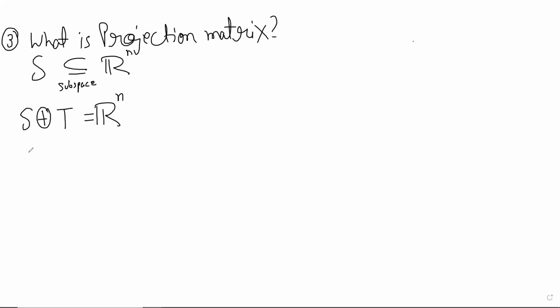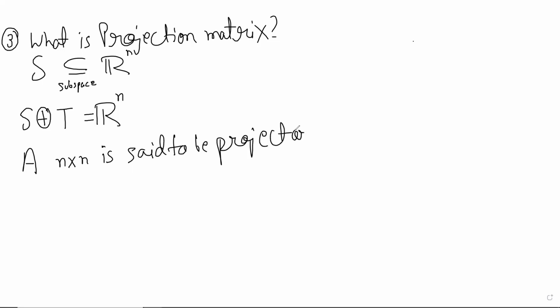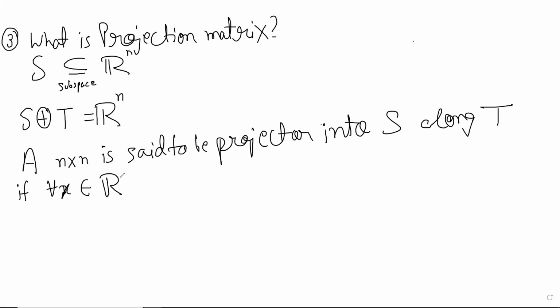A matrix A, n cross n, is said to be a projector, or projection matrix, into S along T if for all x belonging to F to the power n, Ax is the projection of x into S. Wow, this seems like some serious maths.